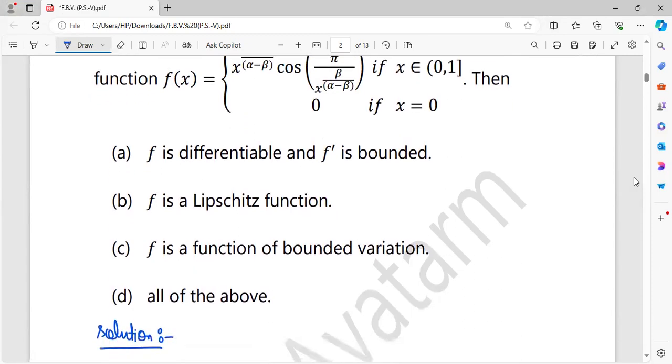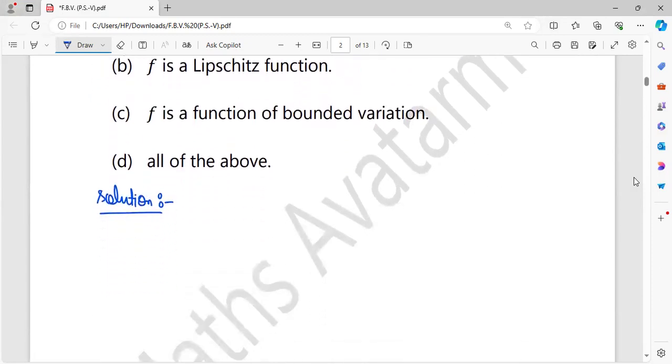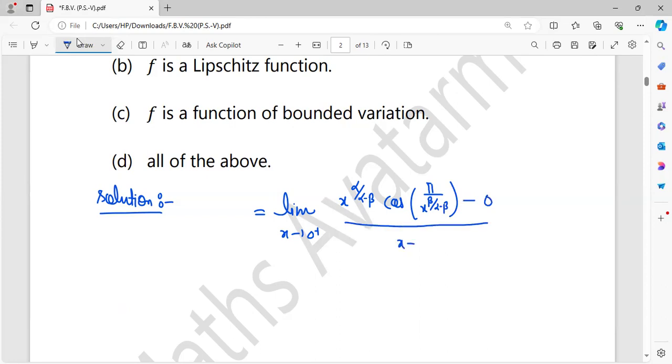It is the limit as x tends to 0 plus of x to the power alpha upon alpha minus beta times cos of pi upon x to the power beta upon alpha minus beta, minus 0, upon x minus 0.